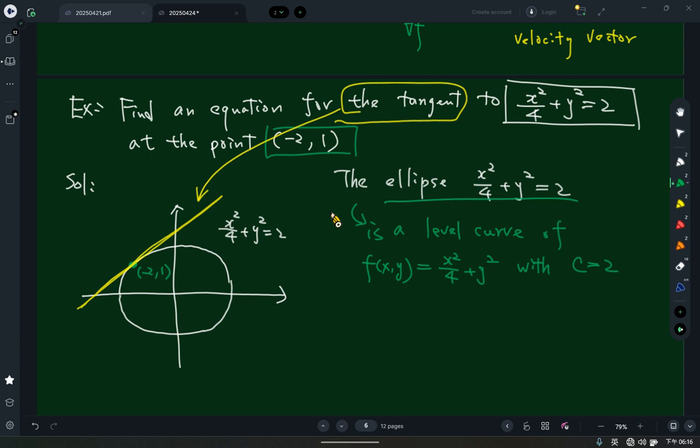I can regard this as its level curve when c is equal to 2.